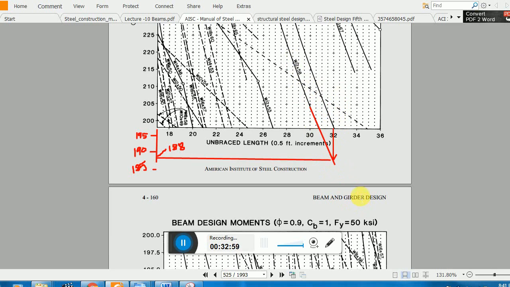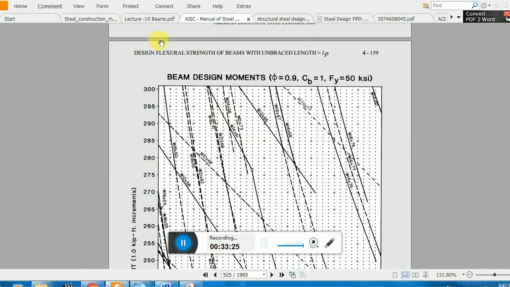We see the lines coincide at this point. I draw a line, extend the same graph here with the same divisions, and I get the value 188 kip-feet. This is the way we can use these graphs.